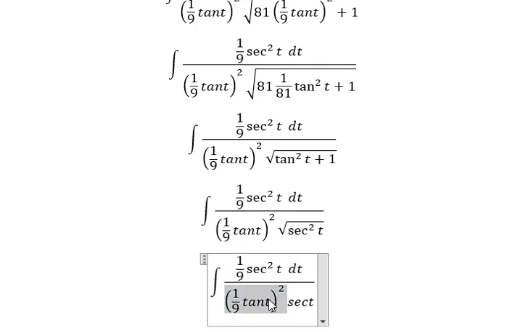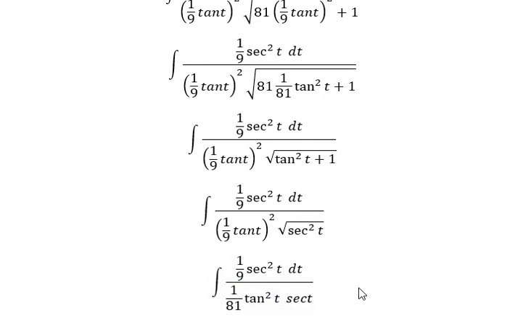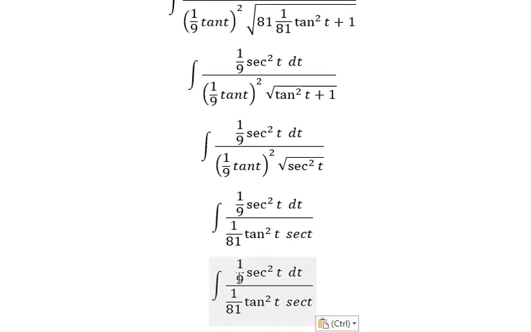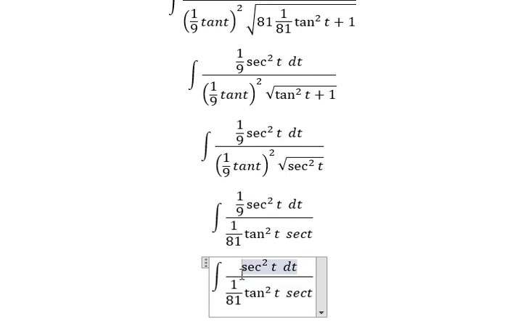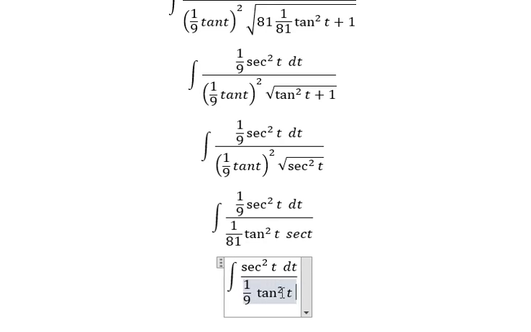This one gives secant t. We simplify the 1 over 9 on numerator and denominator, and the secant t we simplify. Here we can put the number 9.